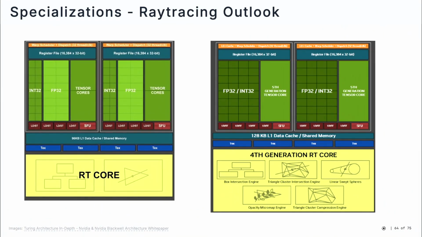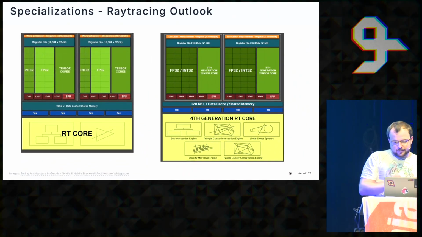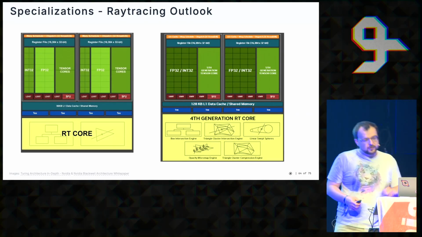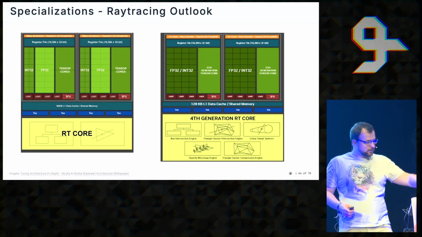So instead of just testing single triangles, you can test whole clusters of triangles and compress them together. If you have very fine geometry, you might also be doing opacity effects. Or something very cool to look at is linear swept spheres, which is a geometry defined by a sphere moving along a linearly defined path.